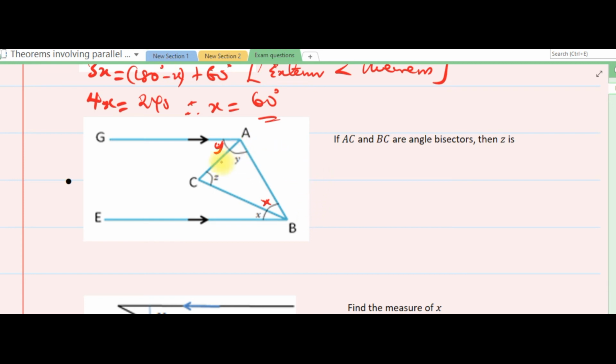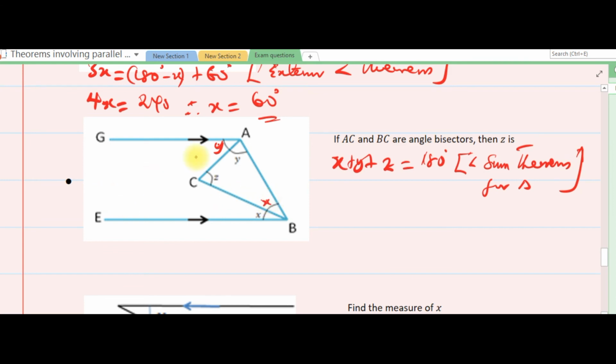From here again, this is a triangle. So if you add x plus y plus z, it must give us 180. Angle sum theorem for triangle.